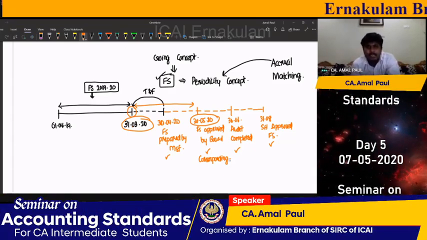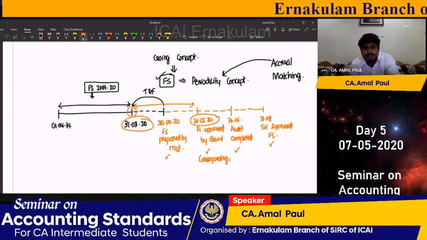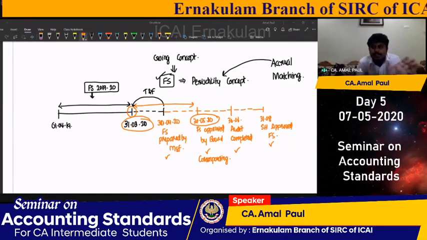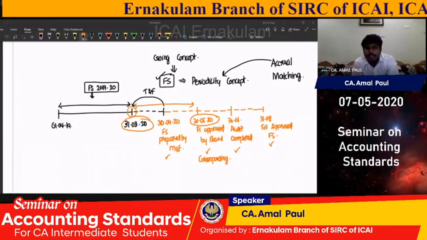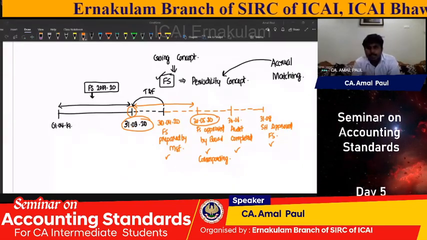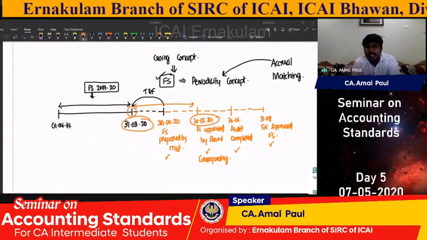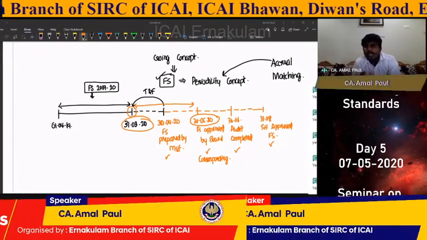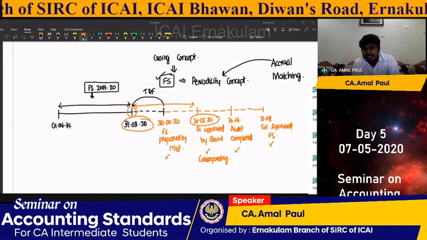Is it clear? What is the definition of events occurring after balance sheet date? From balance sheet date till the approval of financial statements. Okay, approval by board only is necessary.